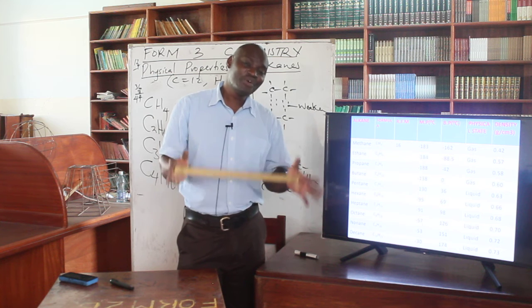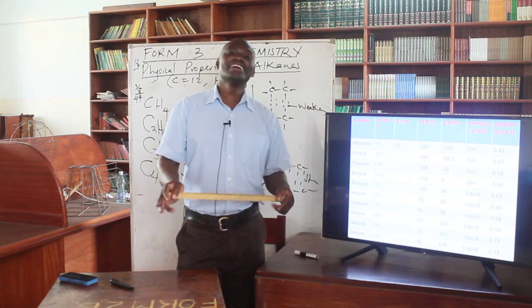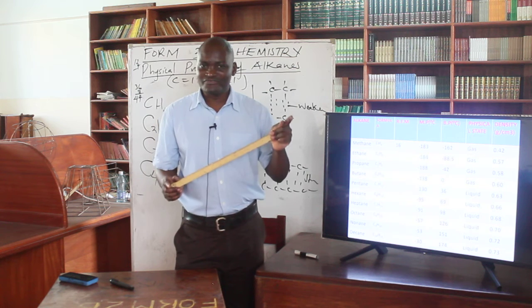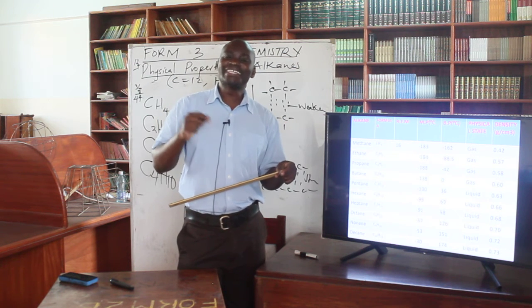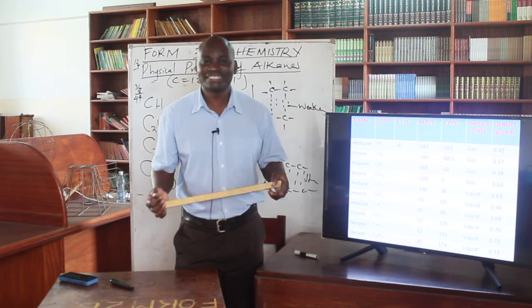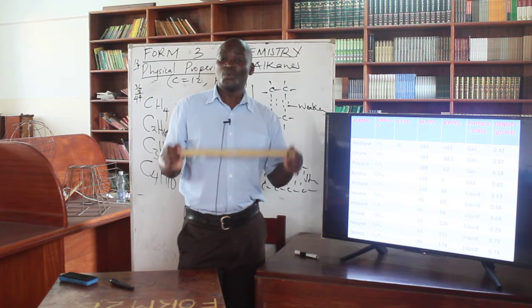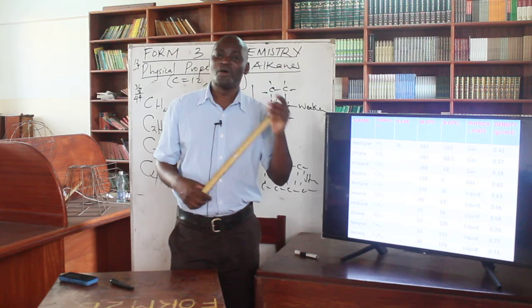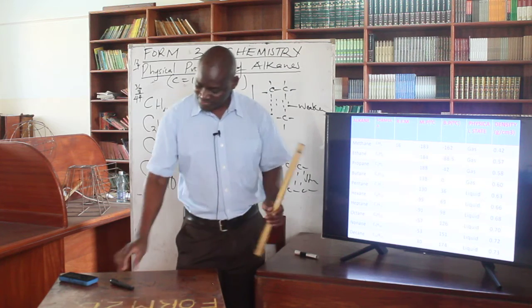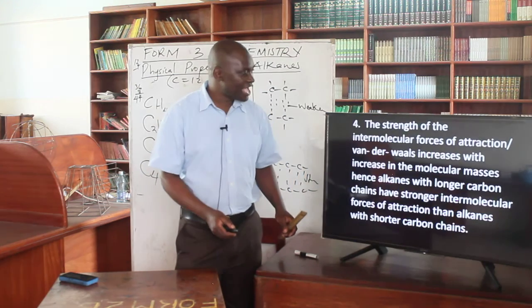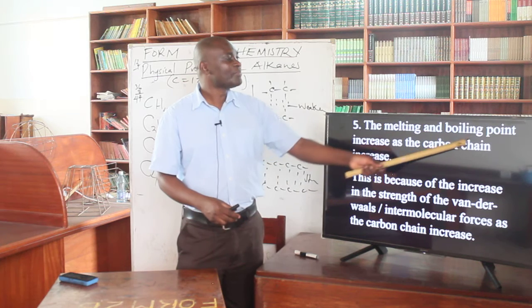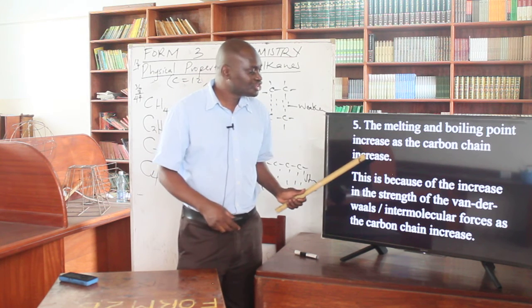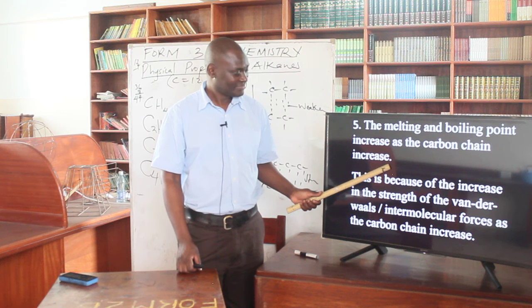While those alkanes with longer carbon chains have stronger intermolecular forces of attraction, which require large quantities of heat energy to break. That's why when you go to point number 5, the melting and boiling points increase as the carbon chain increases.